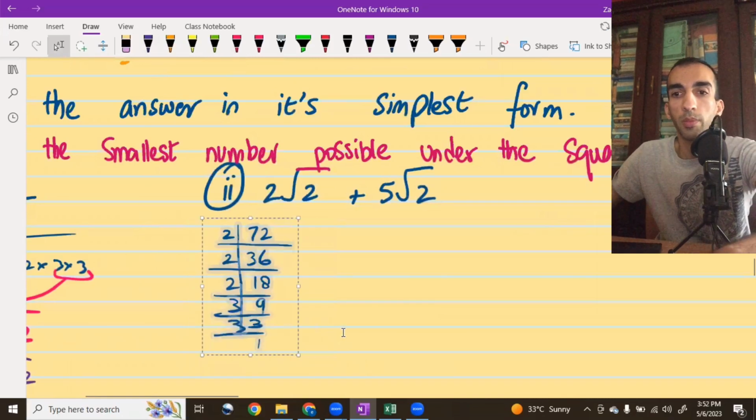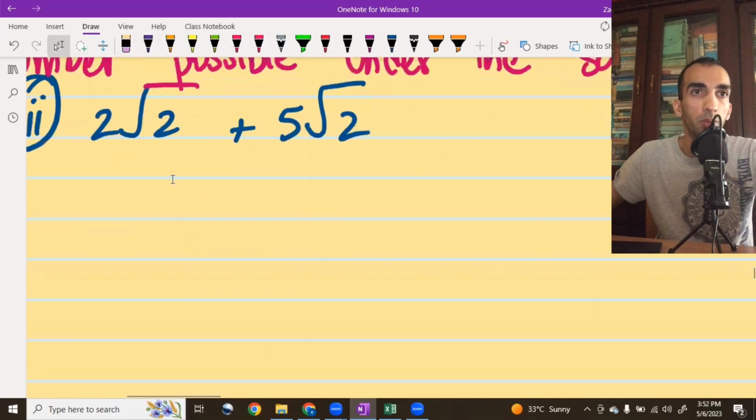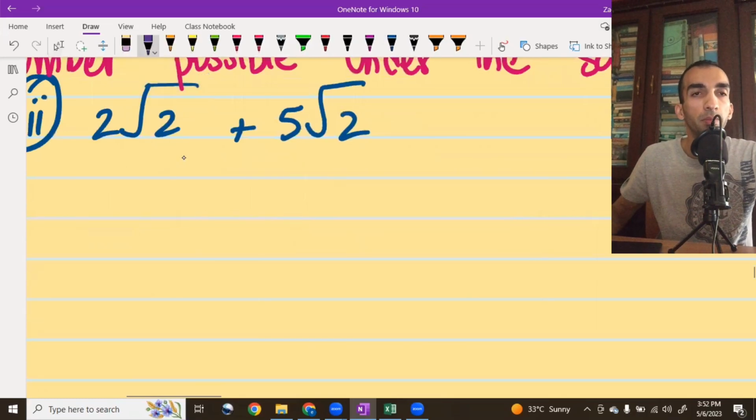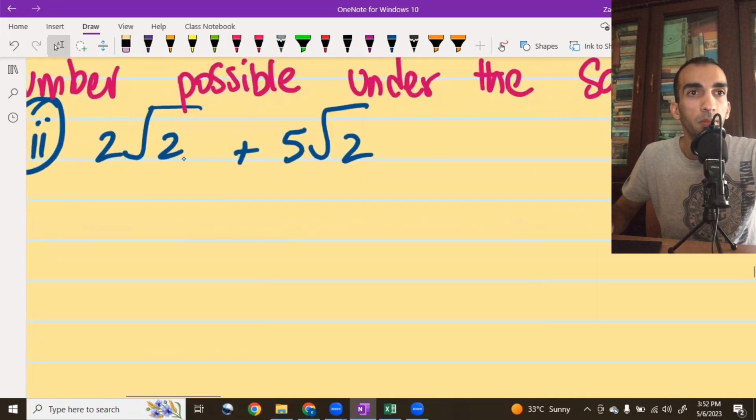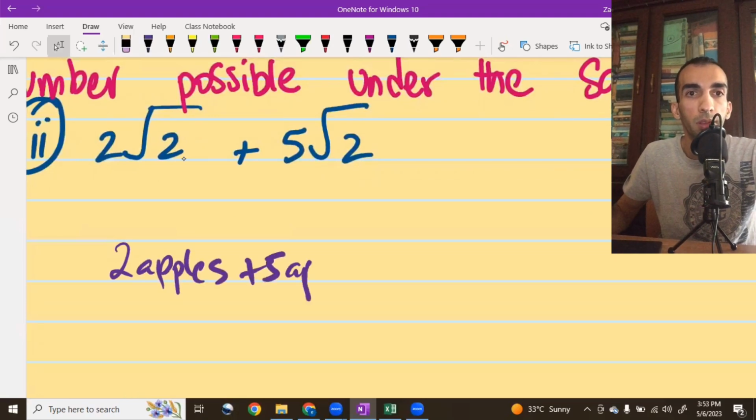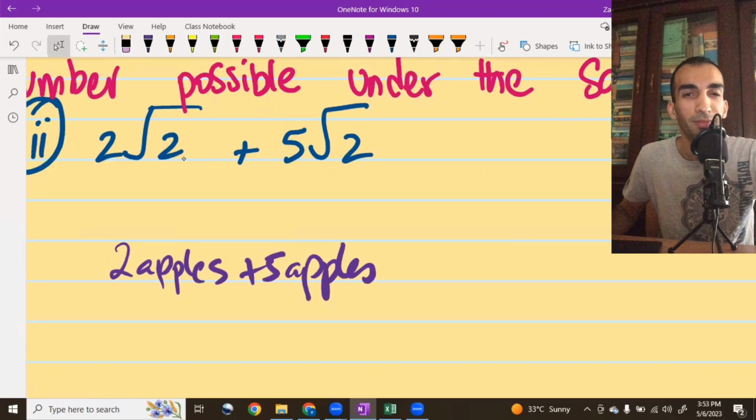Can you similarly try to solve this question? What's the answer for this? That's just 7.